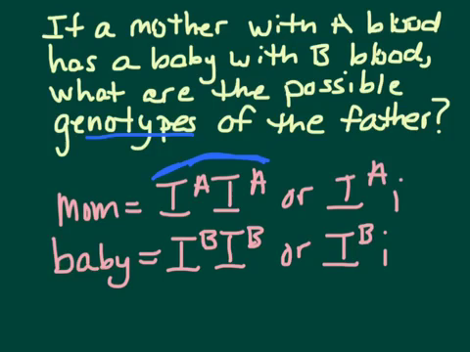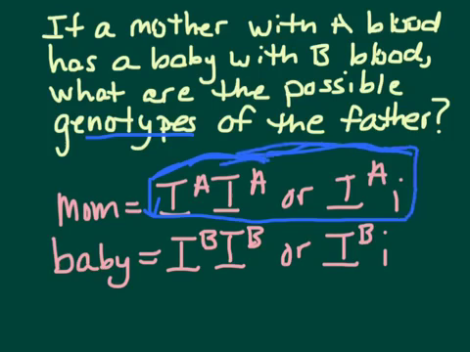So if you want to pause and try to figure out the genotypes of the father, if you think about it, if the baby has type B blood, the way that I think about it is that I know that I need to bring in the B allele somehow. So if I'm going to make a Punnett square with one of these genotypes, it's got to bring in the B allele in order to create one of these.